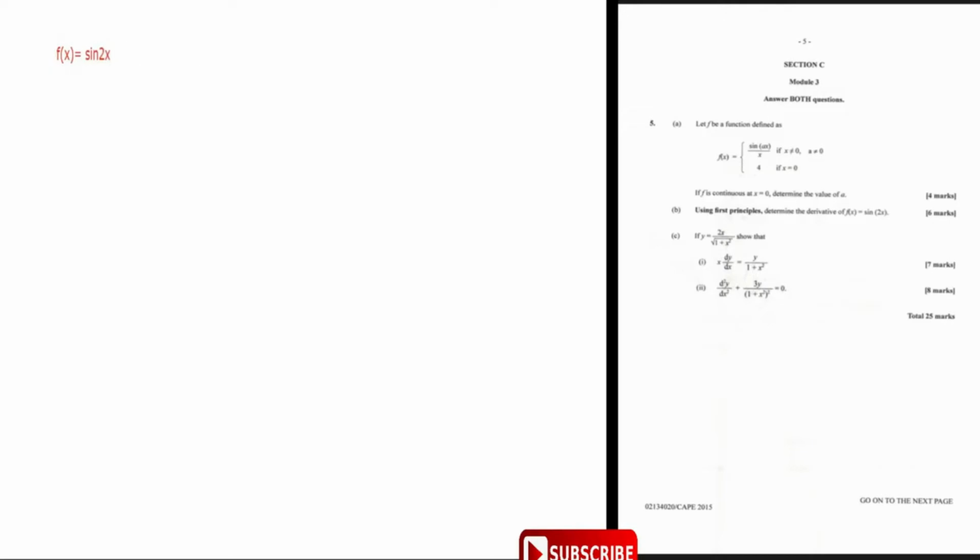Now to find the derivative from first principles, we have to remember that f prime of x is equal to the limit as h tends to 0 of f of x plus h minus f of x over h.